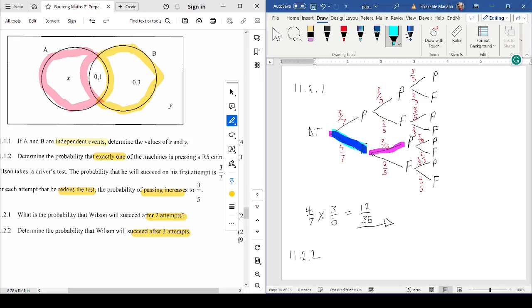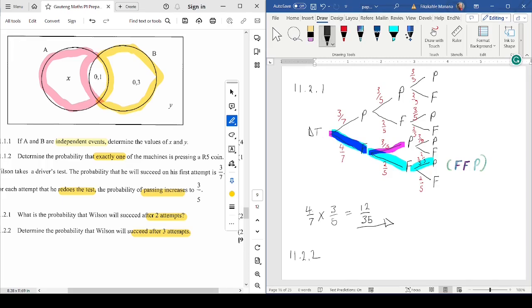Second attempt he fails again, follow that path. And then on the third attempt, he passes. So we are looking for the one where he fails, he fails, and then he passes. I hope that makes sense. Now let's do the calculation.